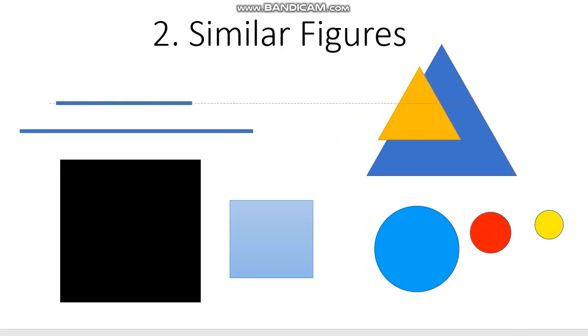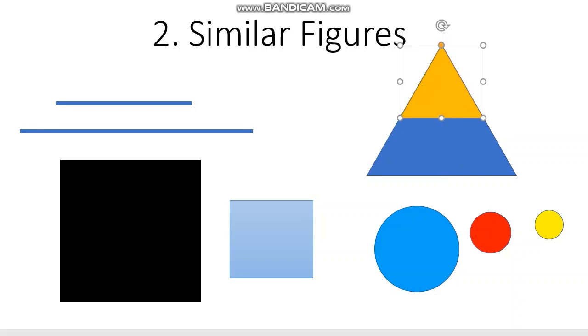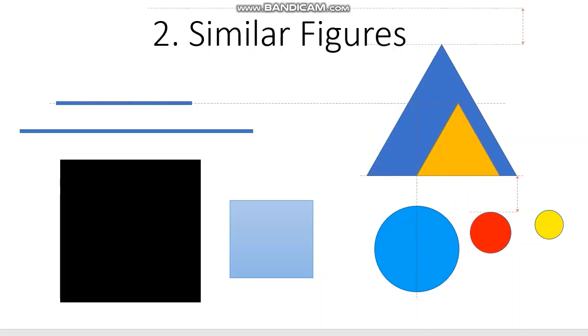If you are putting this triangle inside this triangle, this angle is equal to the bigger triangle's angle. Now if you are putting this angle here, here also the angle of the smaller triangle is equal to that angle of the larger triangle.